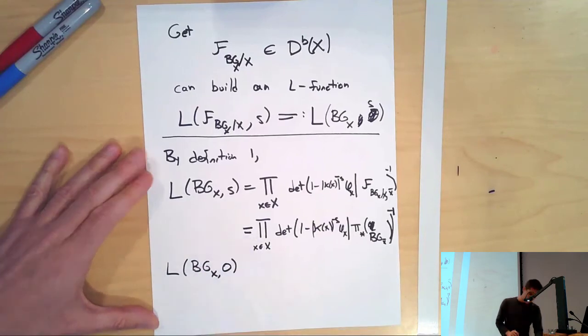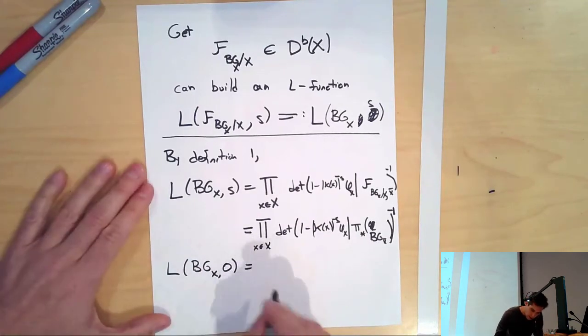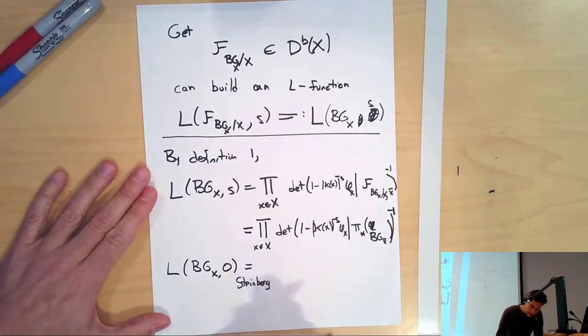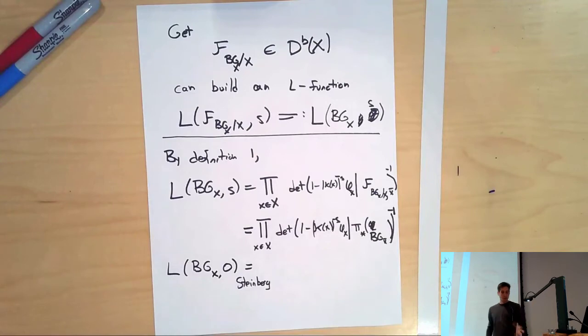L sub BG sub X comma 0, by Steinberg's formula. When s equals 0, we're just computing the determinant of 1 minus Frobenius on the homotopy groups of the classifying stack of a linear algebraic group.